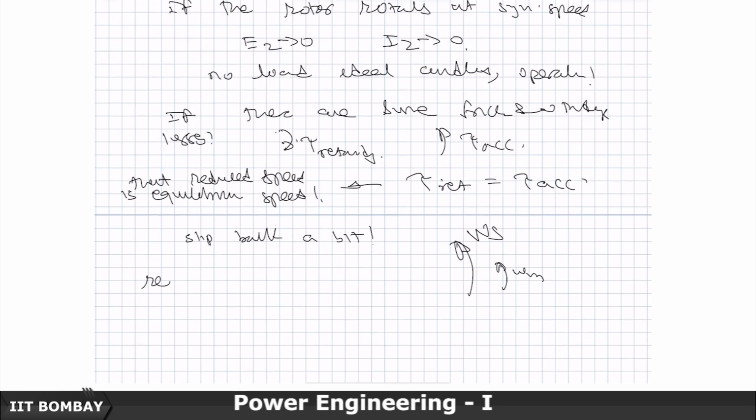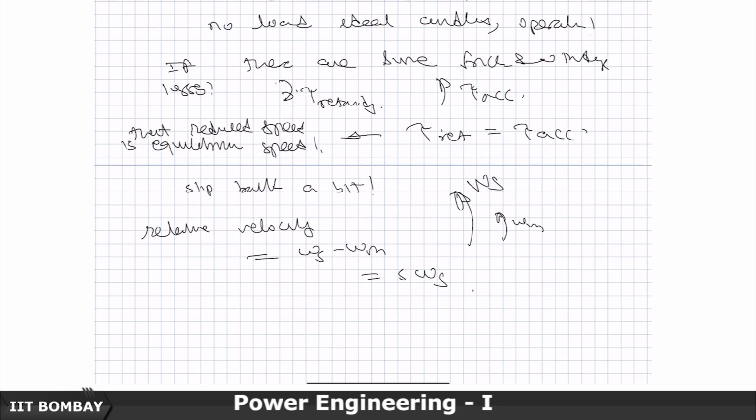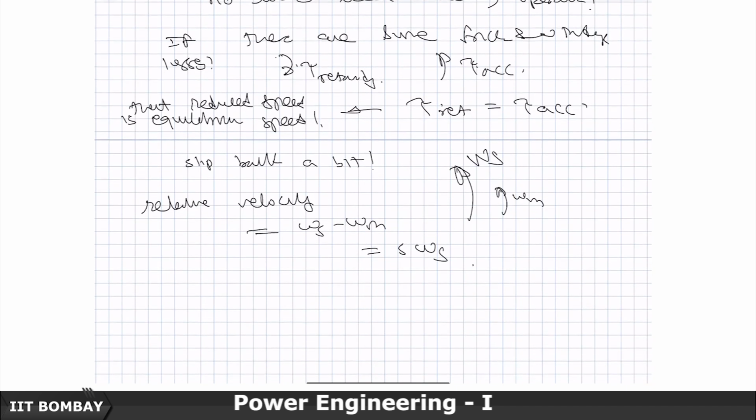So, the relative angular velocity between the two is omega s minus omega m, which can also be written as s times omega s, where s is the slip. It is as if an observer sitting on the rotor will see that the stationary MMF wave of the stator is rotating with respect to it at a speed of s omega s.